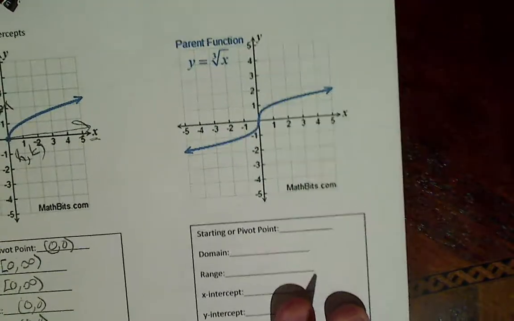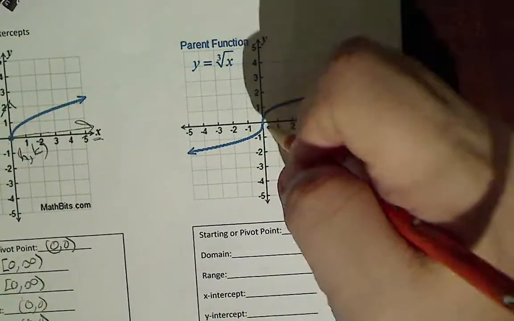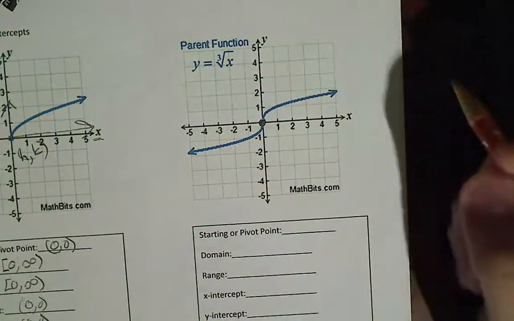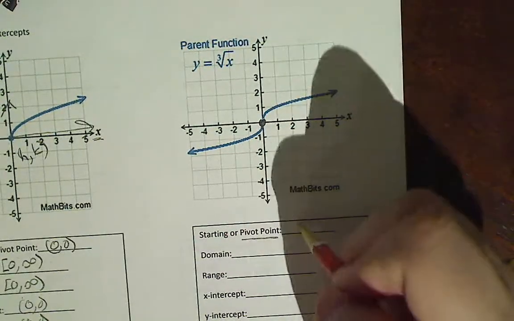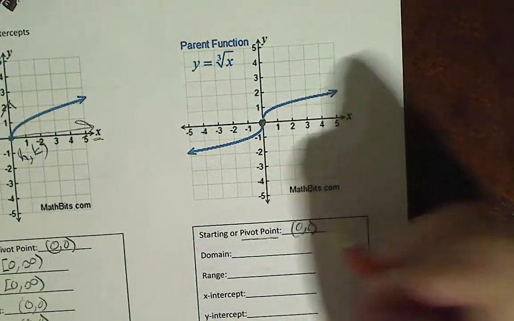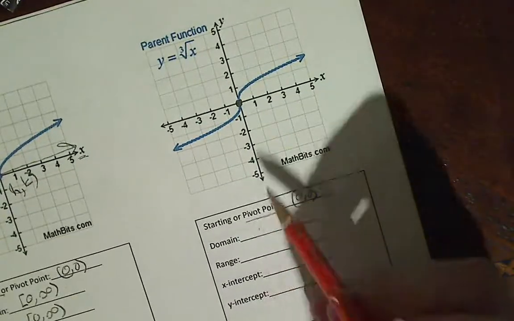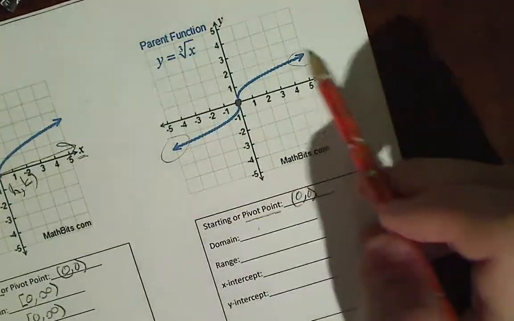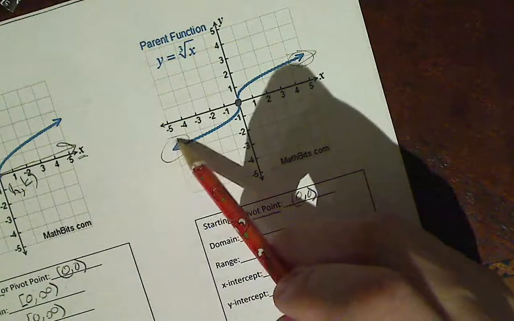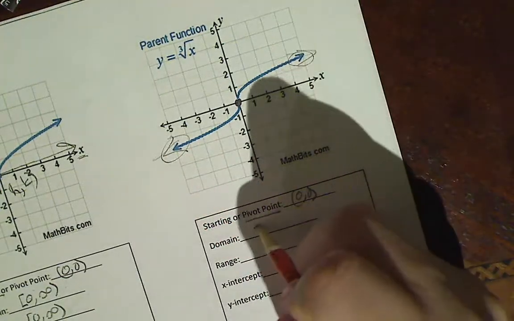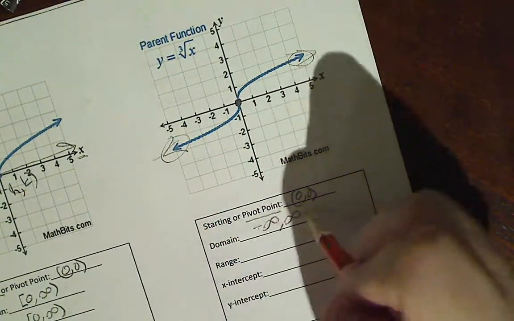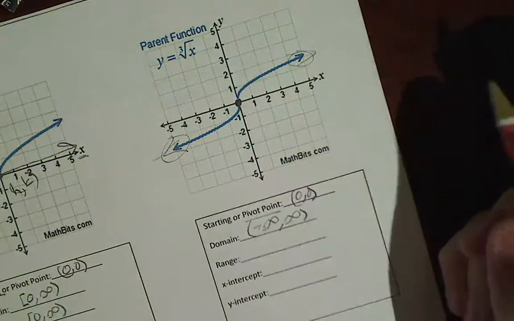For a cube root function, again, your starting point or your pivot point, which is this point right here, happens to also be at 0, 0. But now your domain's a little different because you have arrows going in both directions. Forever here, forever here. So your domain is from negative infinity to positive infinity.